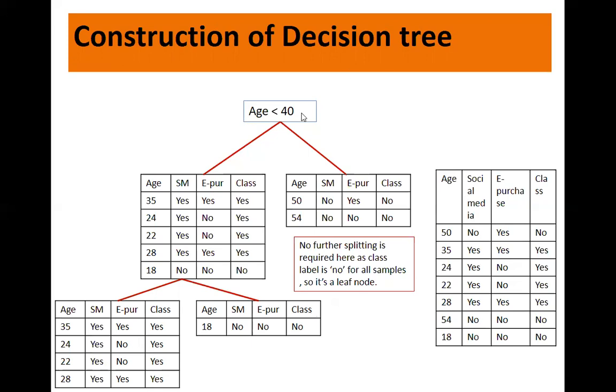You take the age attribute, split it into two, depending on whether the age is less than 40 or greater than 40. When you get the class label the same for all the samples, then it's a leaf node, no splitting is required. But when the class labels are not all the same for all samples, then you select another attribute and carry out the split again. So here you get all the samples belonging to the same class. So the tree is ready.